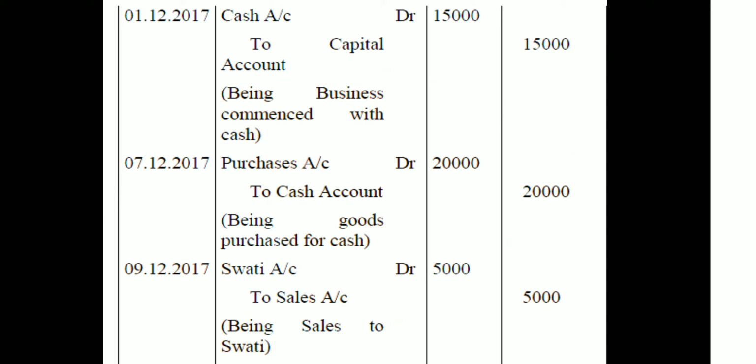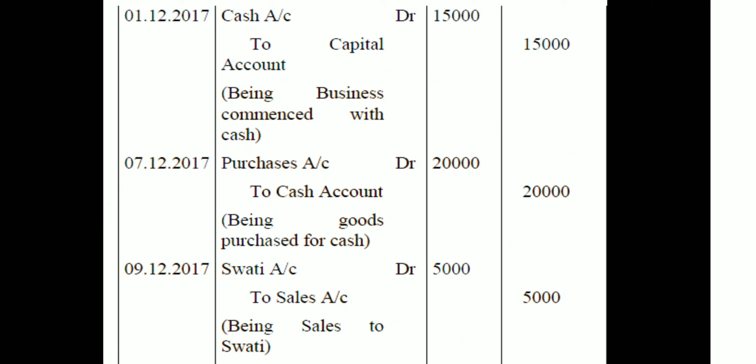Business is one thing and businessman is another thing. The businessman starts the business, so he is not getting anything, but the business is getting cash, because the businessman will give some cash to the business. It means the business gets the cash.